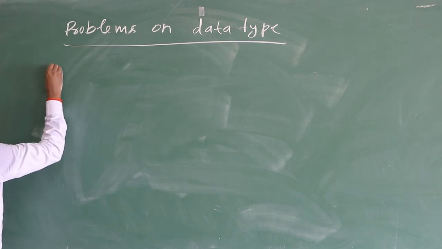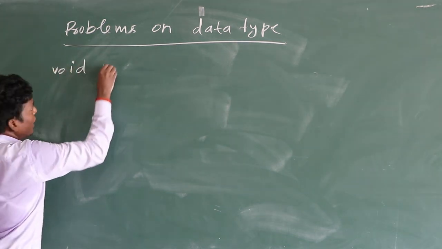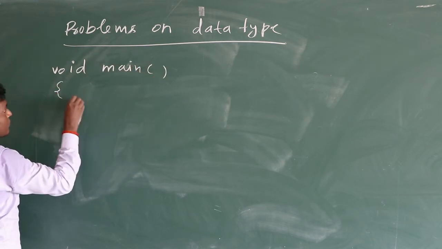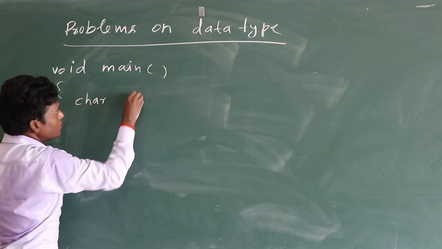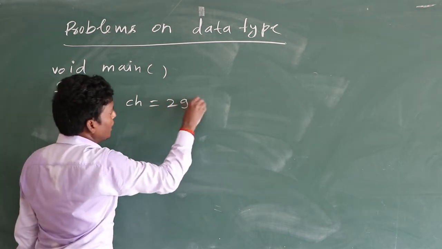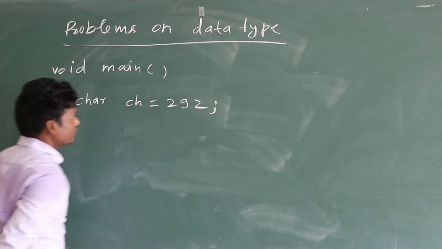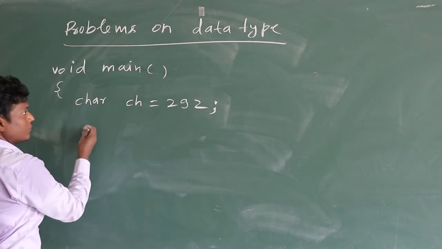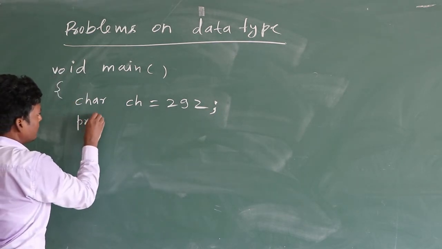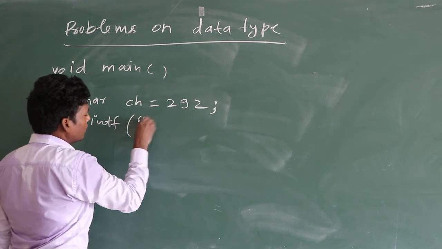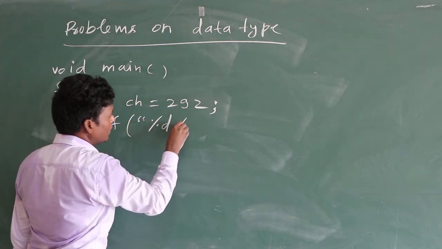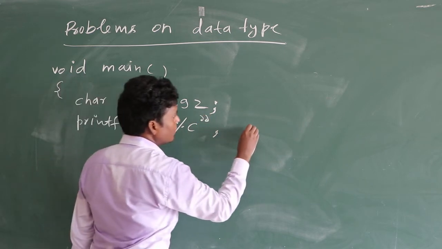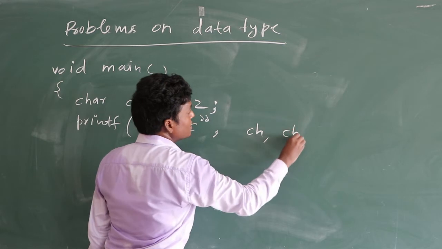void main, char ch equal to 292, printf, %d, %c, ch.